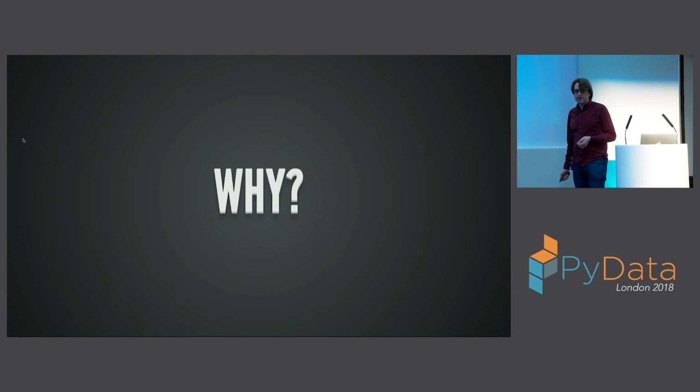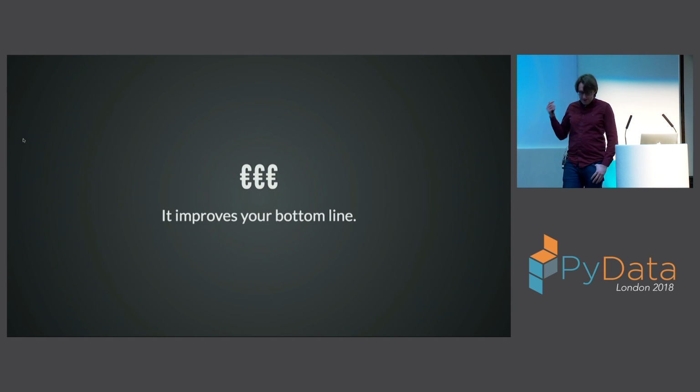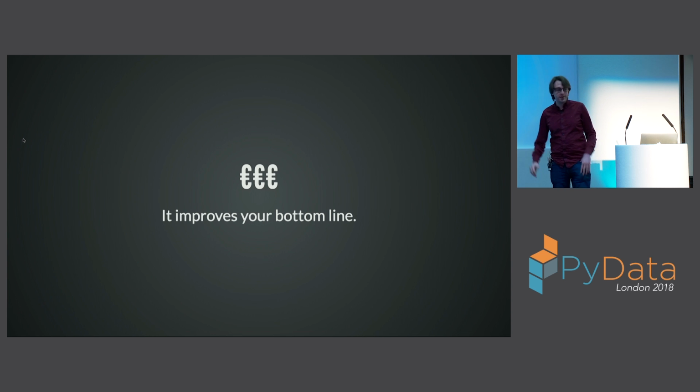So why might we want to do this? Well, basically, it works. Amazon do this at an industrial scale. Google do this at an industrial scale. In fact, virtually any big social network, advertising company, e-commerce place will be doing this at scale.